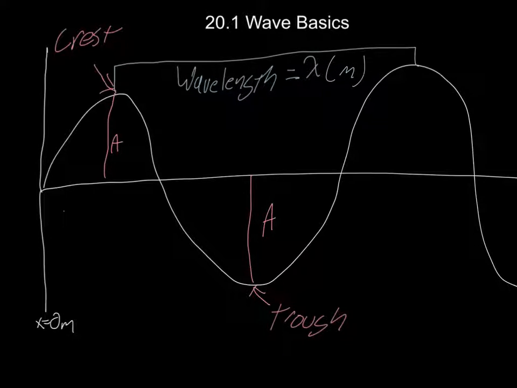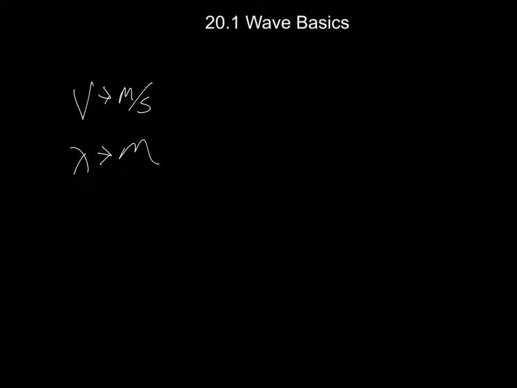Our amplitude, like I said before, can have a few different variables. So let's talk about these two equations that we have. First, we've talked about velocity, and that tells us how quickly a wave is moving. But in the last slide, we also introduced this idea of a wavelength. So how could we talk about velocity and wavelength in one equation?